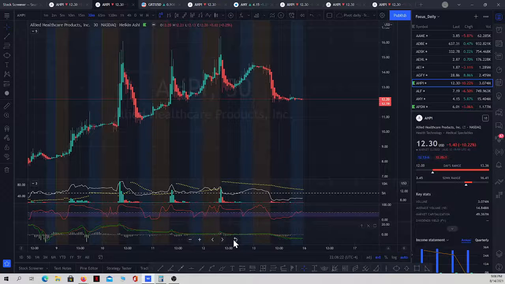So if you look here, you can see clearly this is the zero line, and this is a histogram showing the volume.